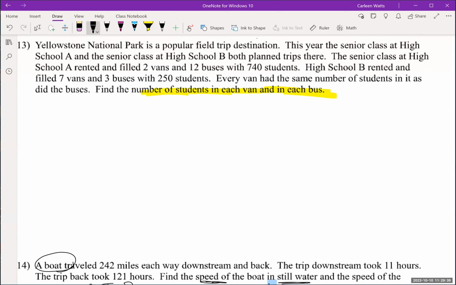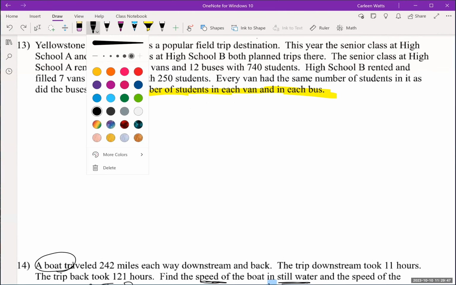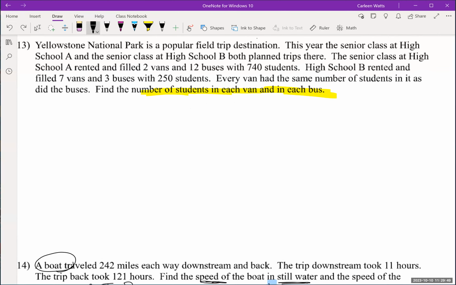Those are our variables. Those are our missing numbers. So we're going to call them V and B. The first thing I like to do is find my variables.